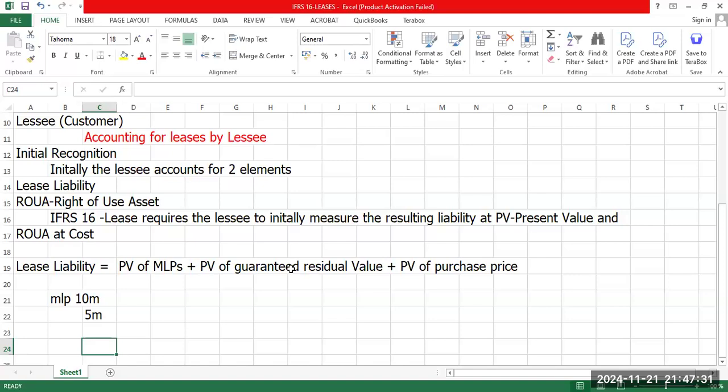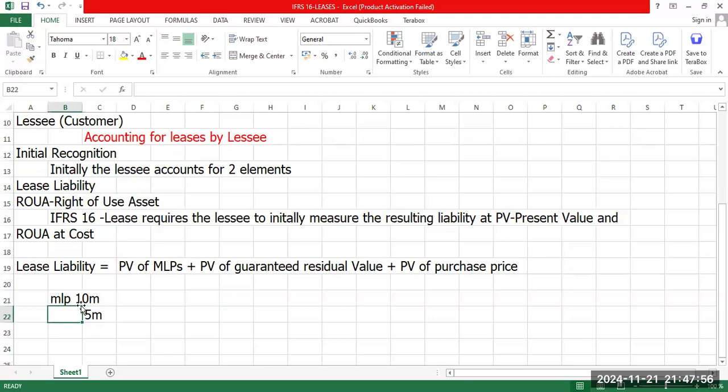By the time the customer is bringing back the asset, that asset is no longer at its original price. Okay, and because of what you predict, you say that by the time you bring back my asset, also make sure that you pay me a certain amount of money.